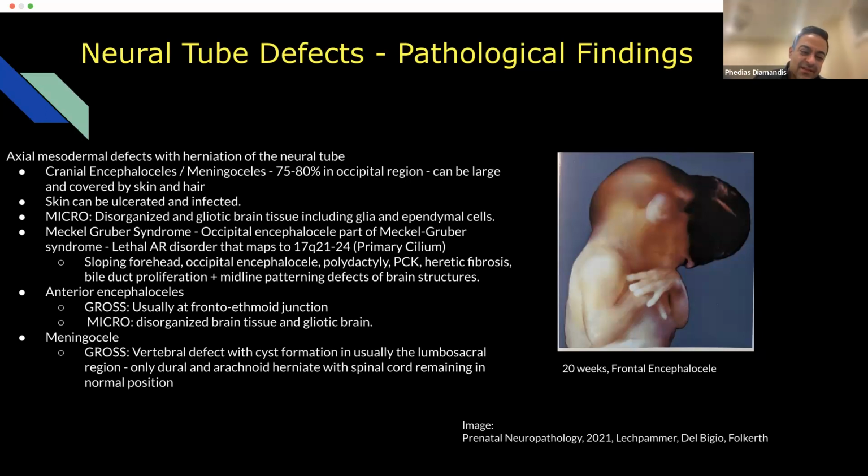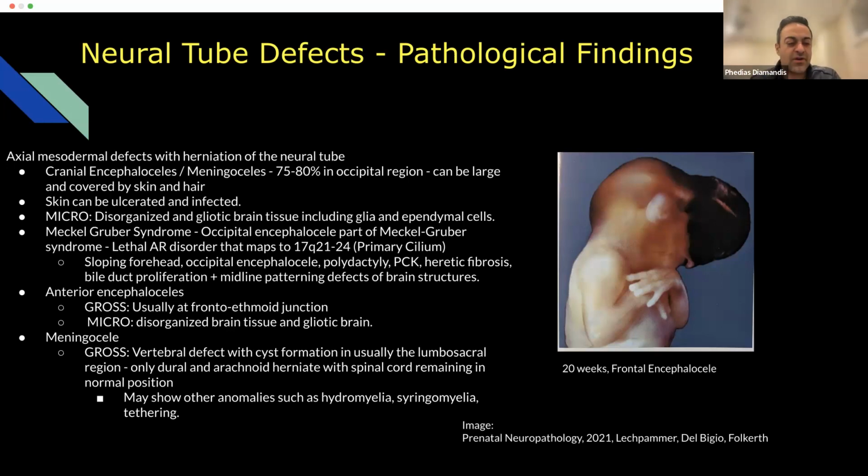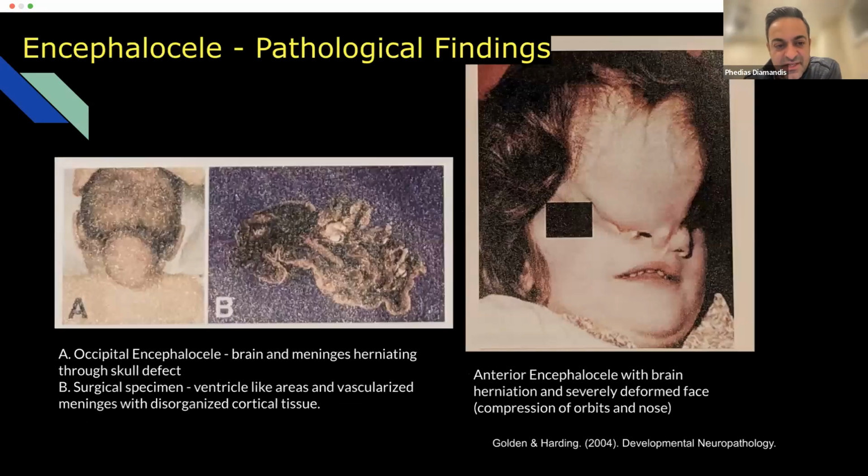You can have a meningocele, which, as its name suggests, is just a herniation of meninges without neural tissue, and we'll see examples of that, and may show other anomalies such as hydromyelia, syringomyelia, and cord tethering when they occur lower down. So overlying skin is usually thin, probably from the pressure, presumably from the cystic structure, simplified and vascularized skin elements.